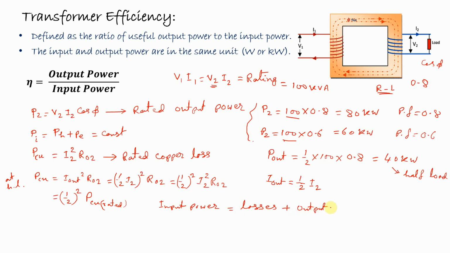So this is the basic power equation: input power should be equal to losses plus output power. Therefore, the efficiency of the transformer can also be written as output power upon, instead of input power, we can write output power plus losses.